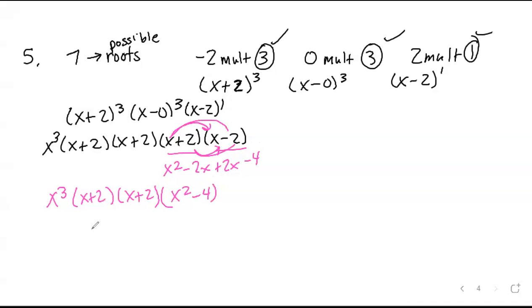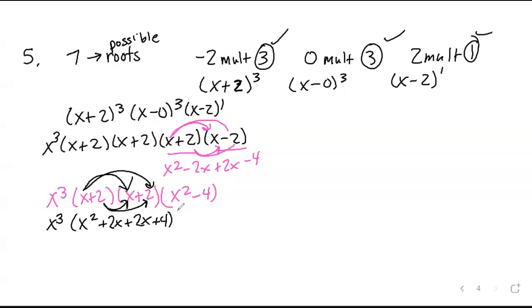I always save the x to the third to the very end, but that really is just up to you. So I'm just going to start with these two. Leave my x to the third there. x times x, x squared, 2x, just doing FOIL. If you need me to stop and explain what I'm doing, I will do that.